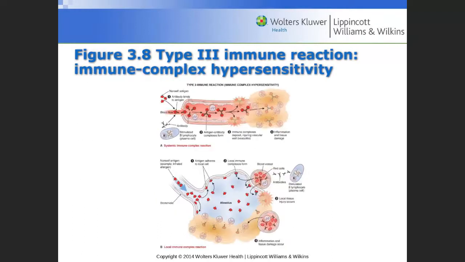Let's finish up this hypersensitivity. The third type is known as type 3, where you have the antigen-antibody complex, and the complex can travel in the blood and go to and damage the kidney, or in this case, go into the lungs.